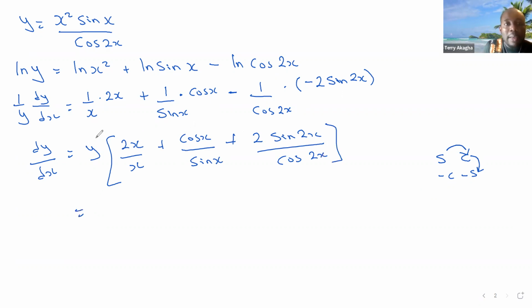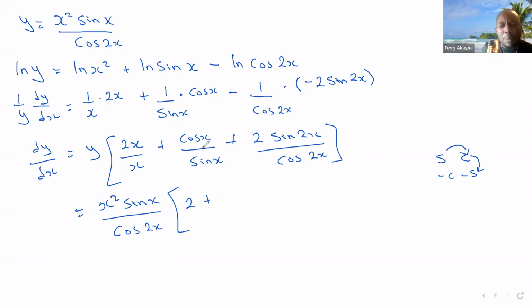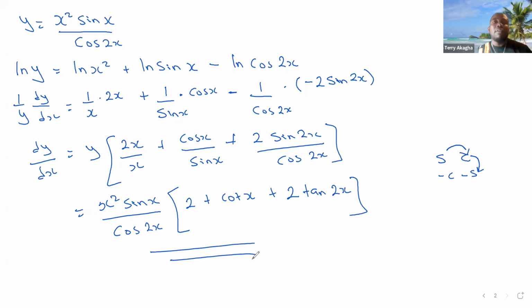Then our y, you know our y already is x squared sine x divided by cos 2x, into, we have x will cancel x, and that will give you 2 over x plus cosine over sine is going to give you cot x plus sine over cos is going to give you 2 tan 2x. And this is the answer for the derivative.